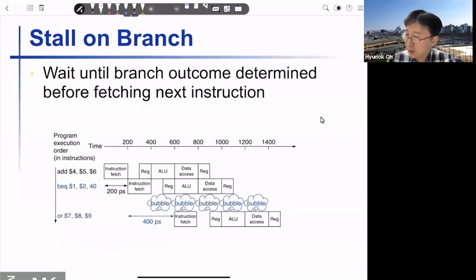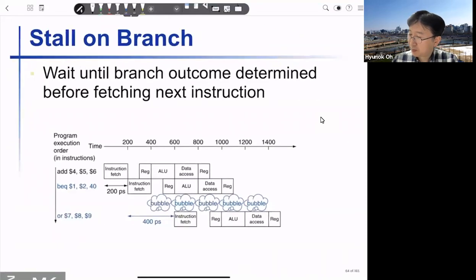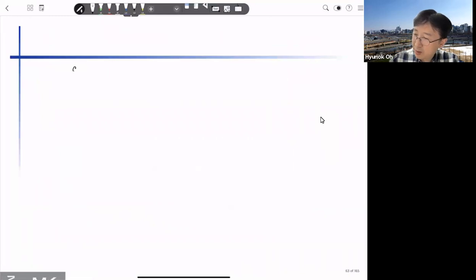Okay, so here we have some instruction. Then here there is a branch instruction. The branch instruction is comparing two register values and jumping to some place.